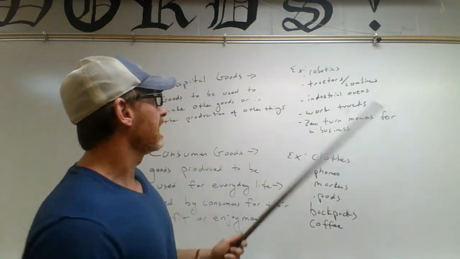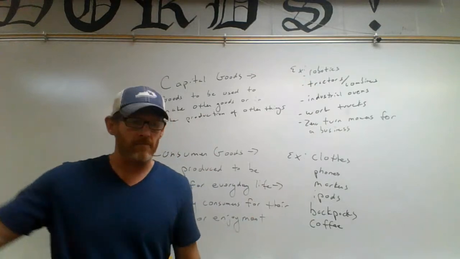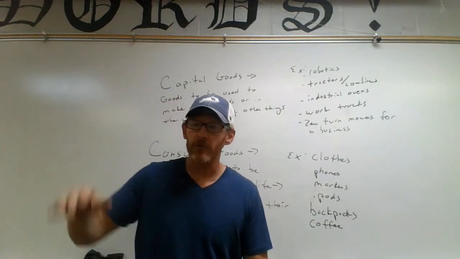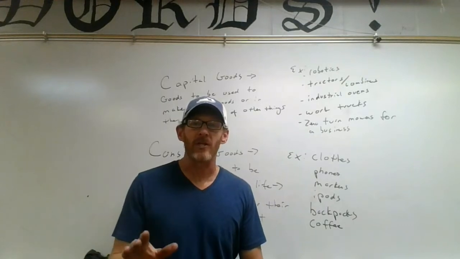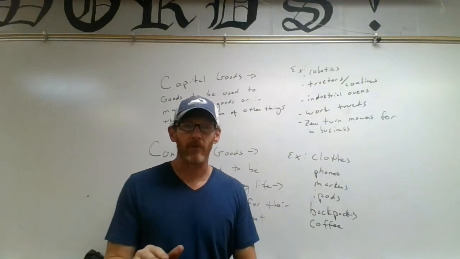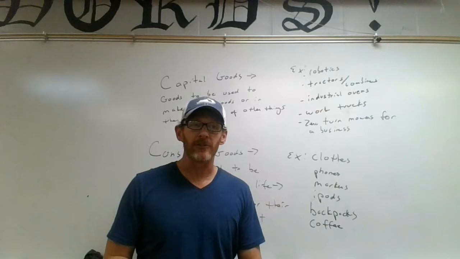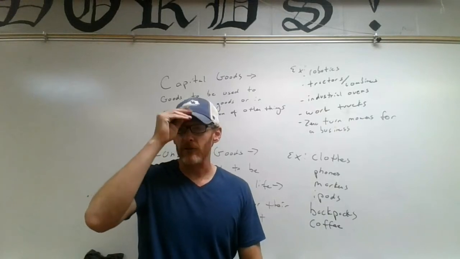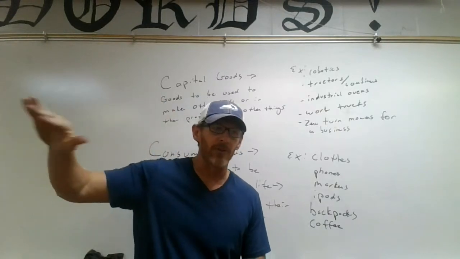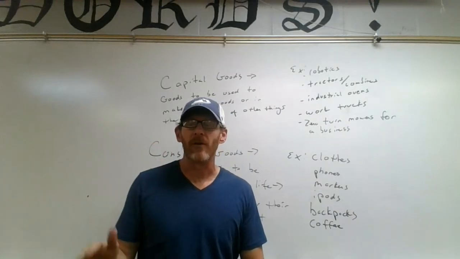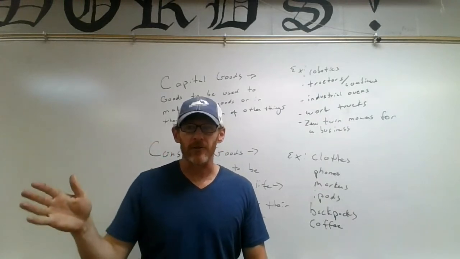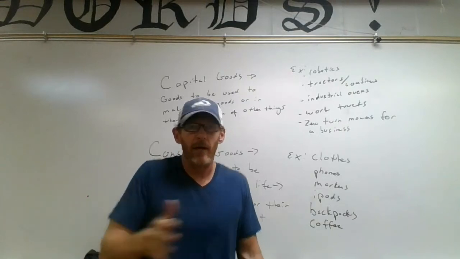Examples would be like at Toyota, they have hundreds and hundreds of robotic arms that move around, like automation. Those automated machines are all capital goods. Okay? If you've been driving on the interstate or on the highway and you see those giant Caterpillar earth movers and those road flattening things, all of those are capital goods that these contractors are using to make money, right?